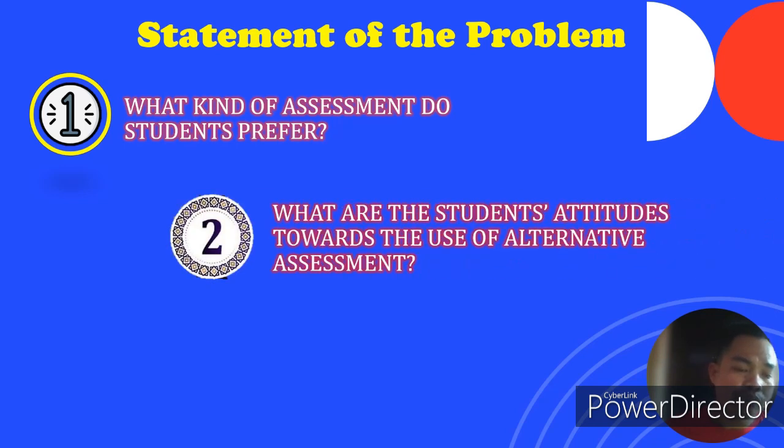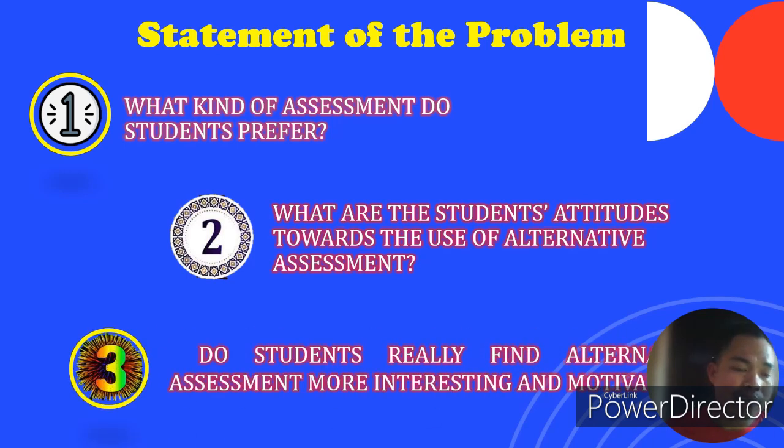Number two, what are the students' perspective towards alternative assessment? And number three, do students really find alternative assessment more interesting and motivating? That would be the statement of the problem that we have to answer after the conduct of this study.